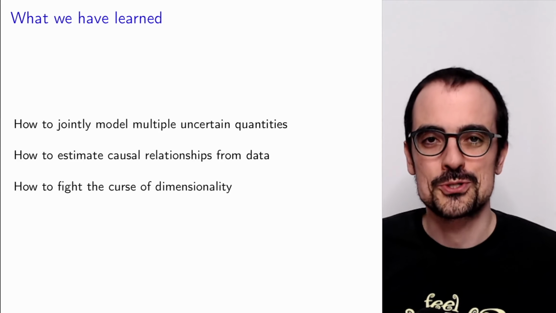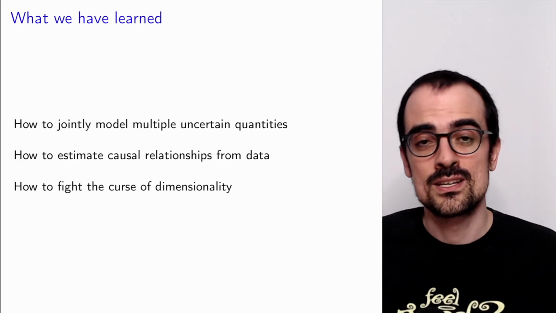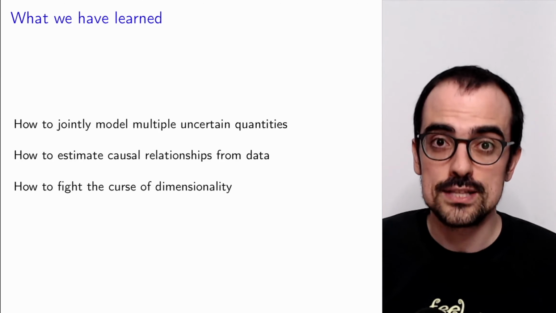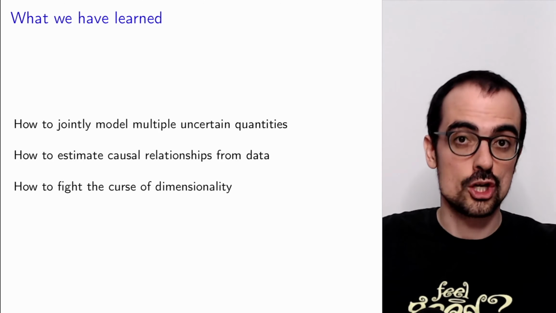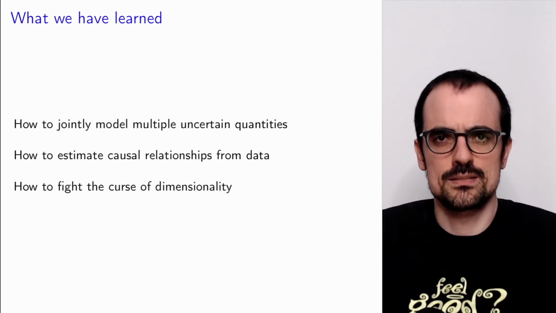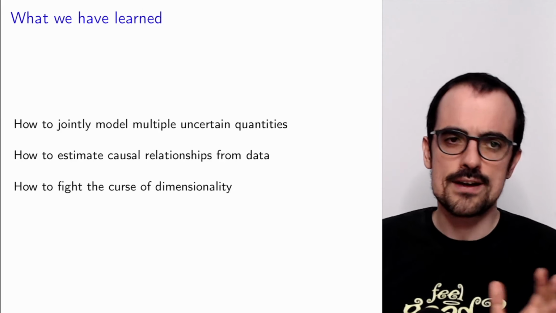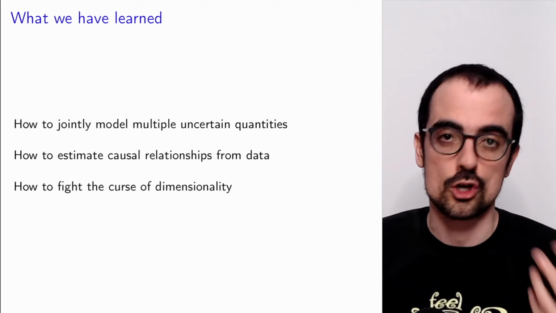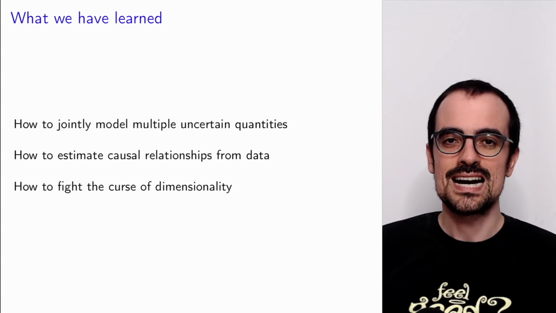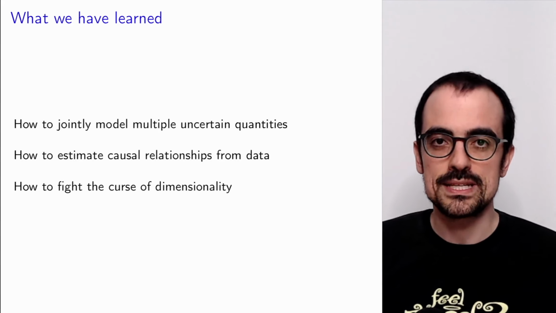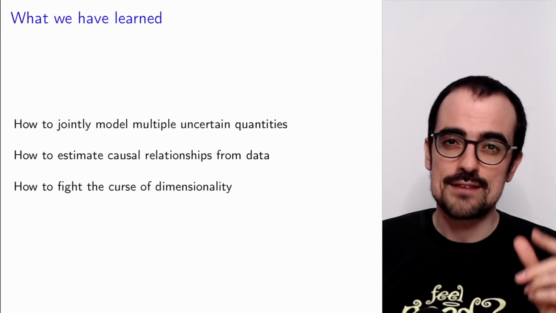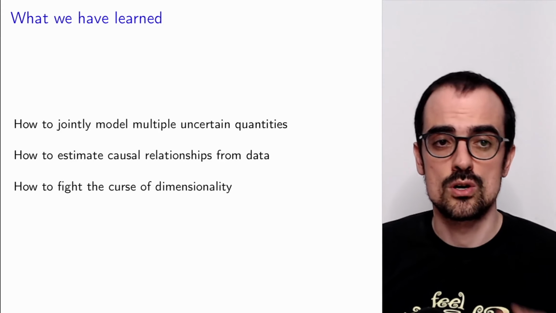And then we also saw that, surprisingly perhaps, once we actually try to jointly model a reasonable number of variables in practice, we're going to run into the curse of dimensionality, where joint PMFs are impossible to estimate in full generality unless you have a ridiculously small number of random variables.